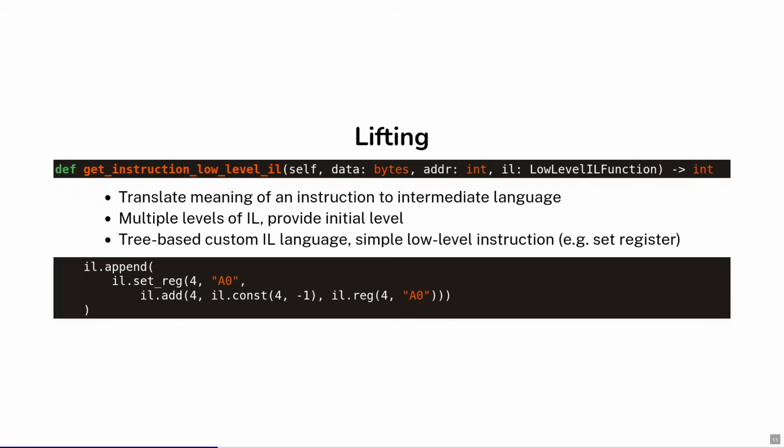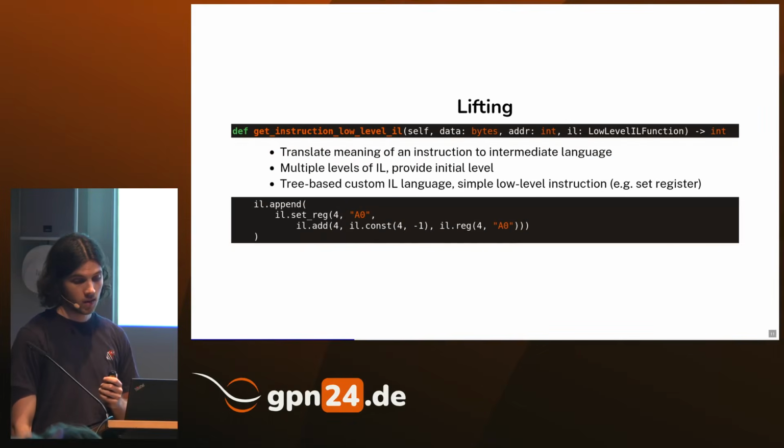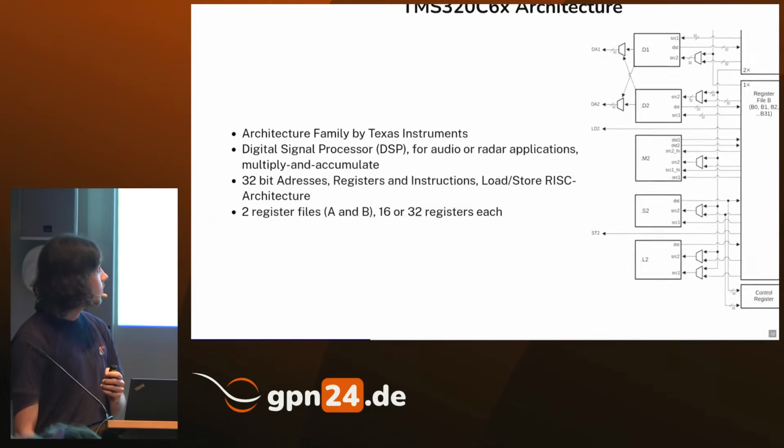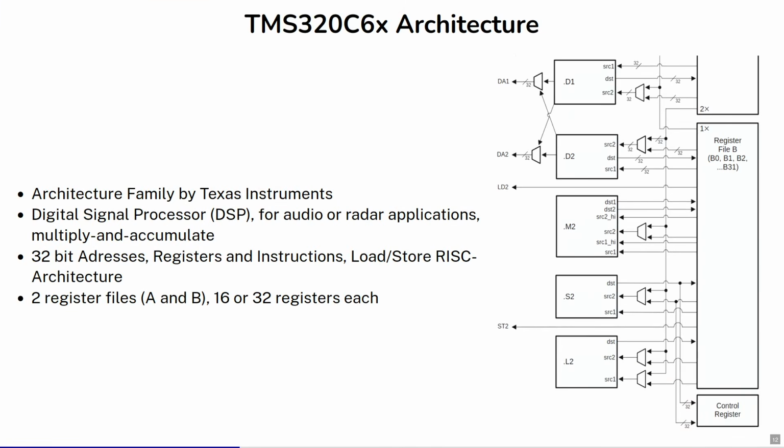The major problems we will have are with lifting, because most of the specifics of the architecture result in problems with lifting. So what is the architecture we are talking about? This is the name, TMS320C6x, a long one. I will only abbreviate it in the future as C6x architecture.